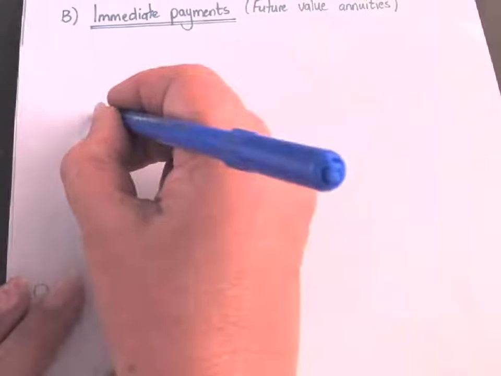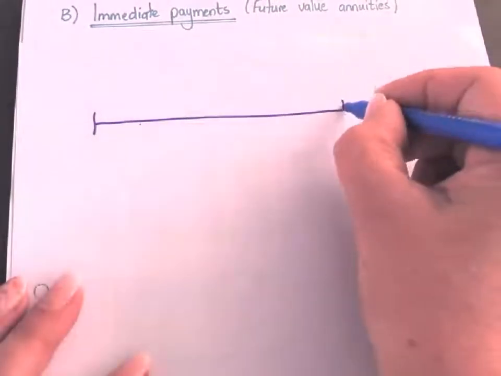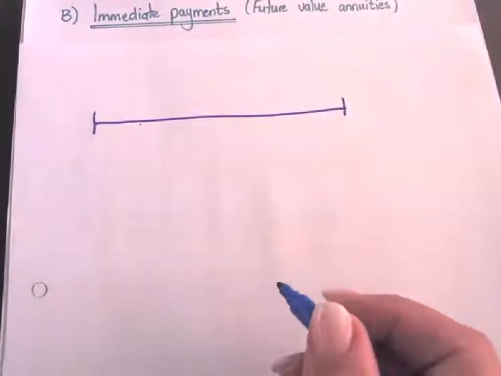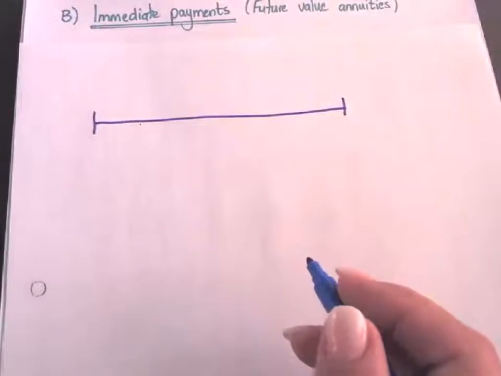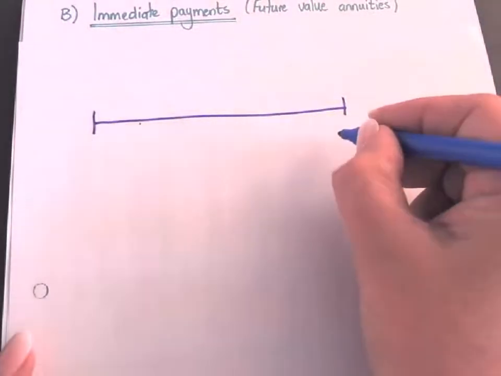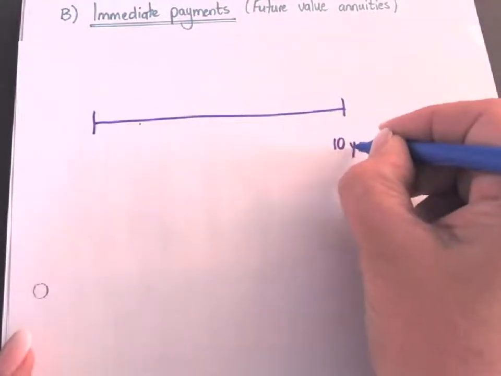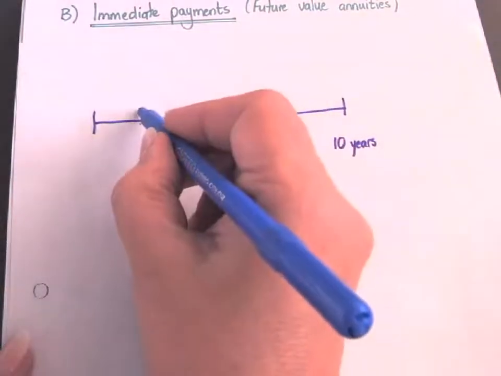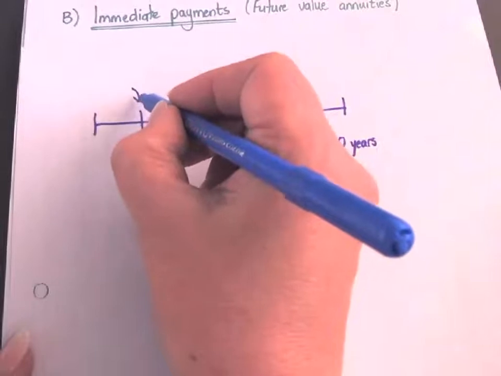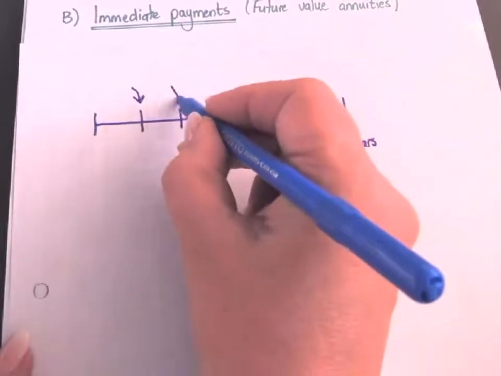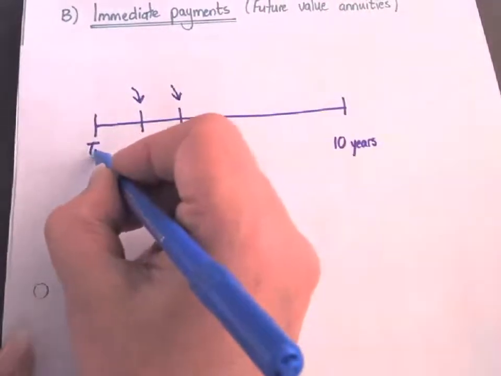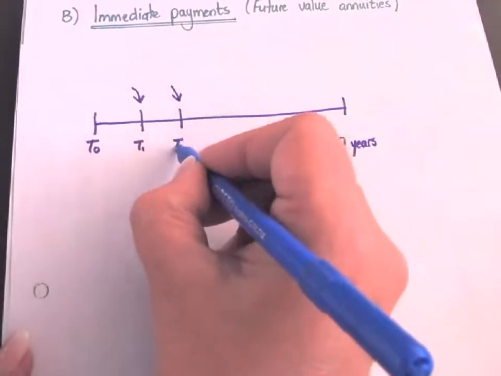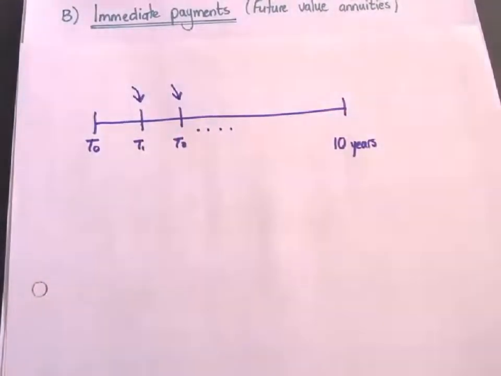And we saw that if we have, for instance, a savings account that we want to save money in for, let's say, 10 years, we said that we are going to deposit money at the end of every month until the 10 years has passed.